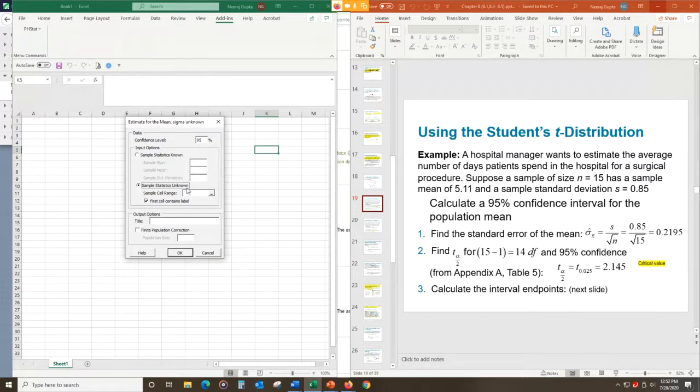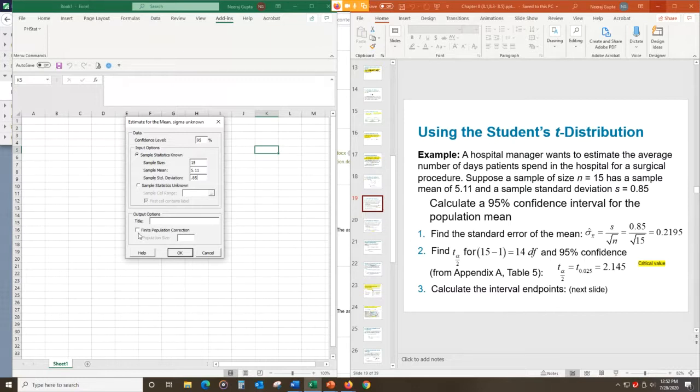And you can do the cell range, and I will do one of the examples using that as well. So here I'm given the sample statistics. So sample size is 15, so I provide 15. Sample mean is 5.11. Sample standard deviation is 0.85. And I'm not doing finite population correction because I'm not given the population size.